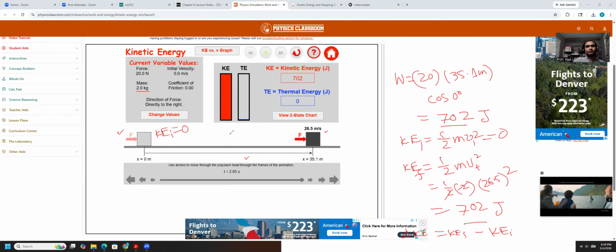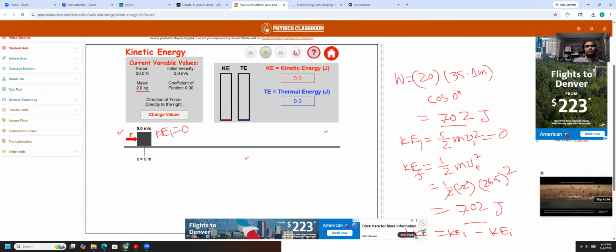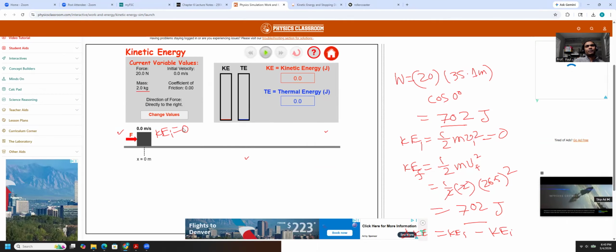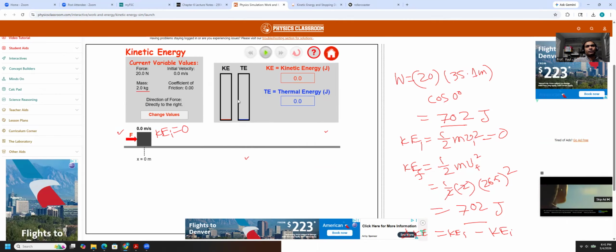Okay. So let's do it again. Here you see the speed equal to 0, so that means kinetic energy is equal to 0 at the beginning. Here you also see the kinetic energy is equal to 0. When we apply the force, now it gains speed. So here you see the speed is increasing, right?